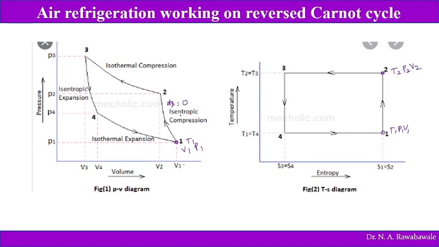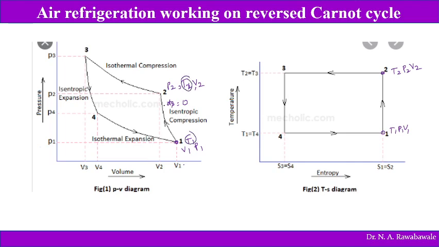So here volume is going to get reduced and pressure is going to increase from P1 to P2, temperature increases from T1 to T2, and volume reduces from V1 to V2. So during this isentropic compression, temperature of air increases from T1 to T2.